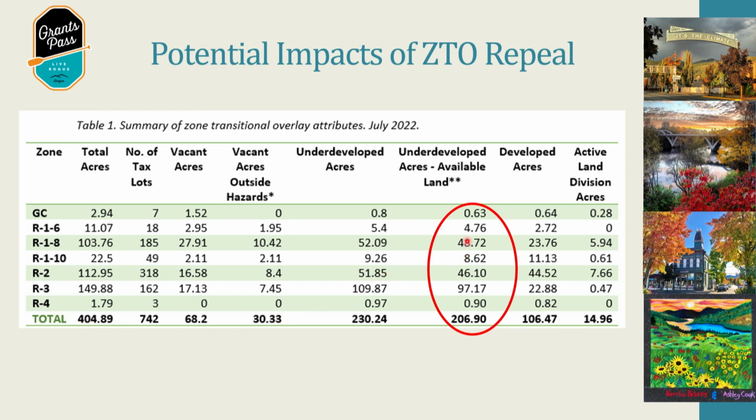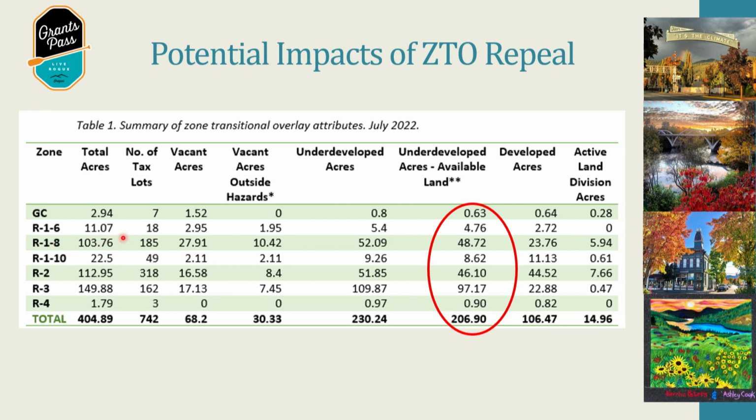You can see that it's about 206.9 acres of underdeveloped available land in those areas, with the R18 being the most acreage that would not allow for the apartments. So the 48.72 acres, because of the middle housing statute, you can now go up to a 4-plex in the R18, but you couldn't go above that.